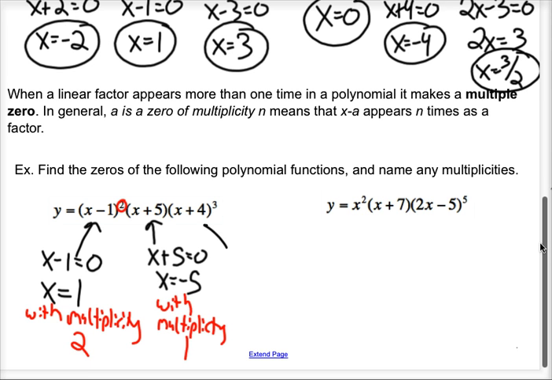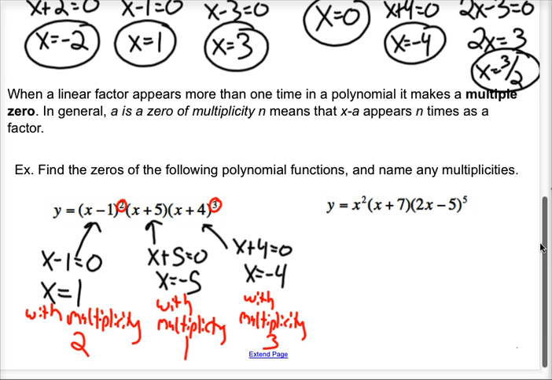And then finally, what about that one? Well, that x plus 4, you set equal to 0, creates a solution at -4. But this one has a multiplicity of 3. It's a 0 3 times. So that's what we mean with these multiplicities, okay? It is acting as a multiple root.